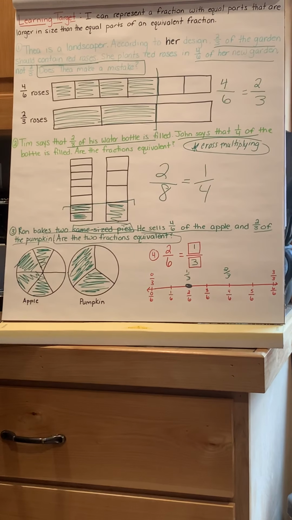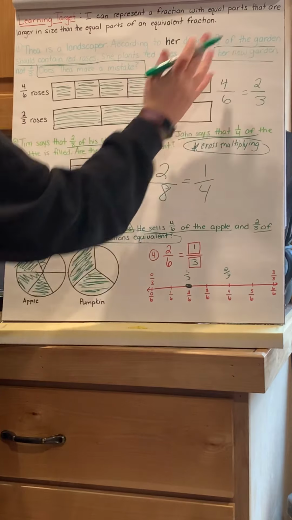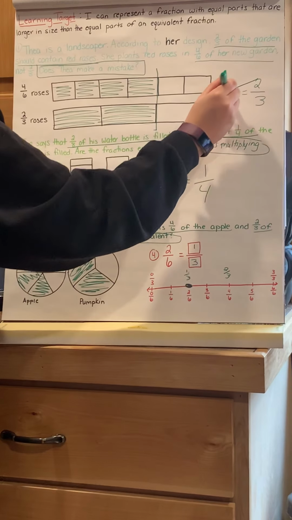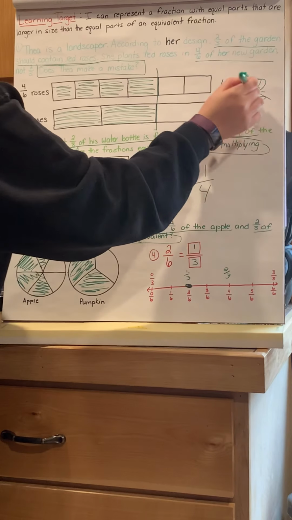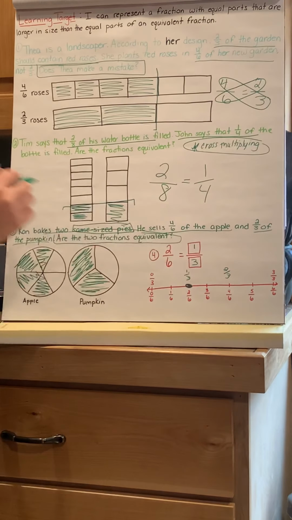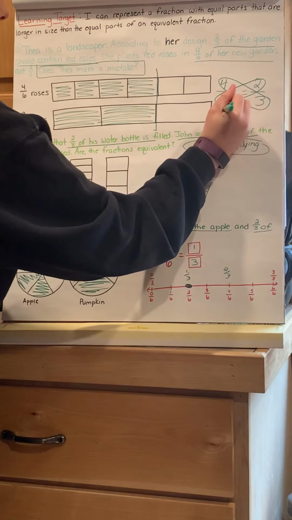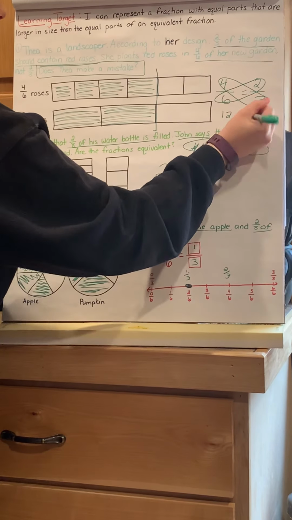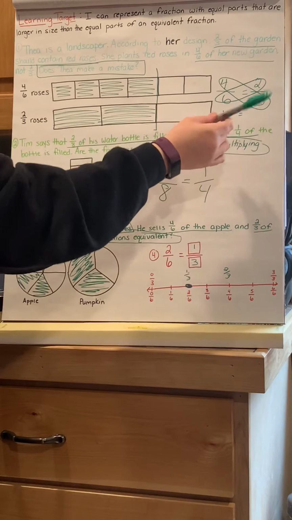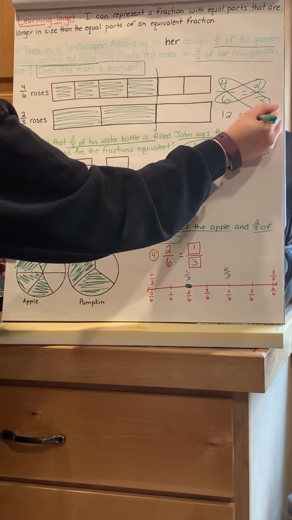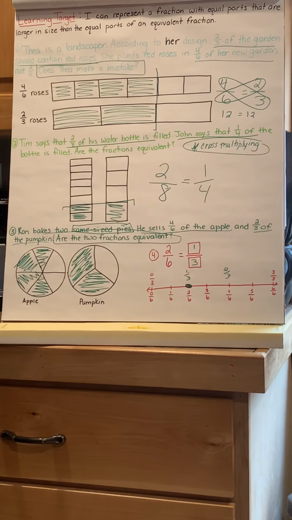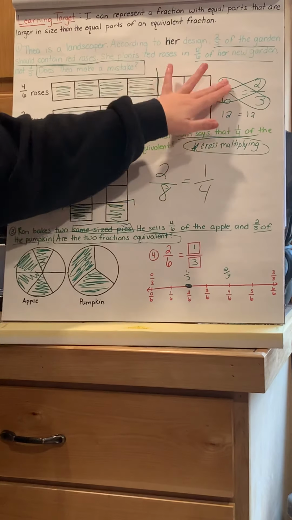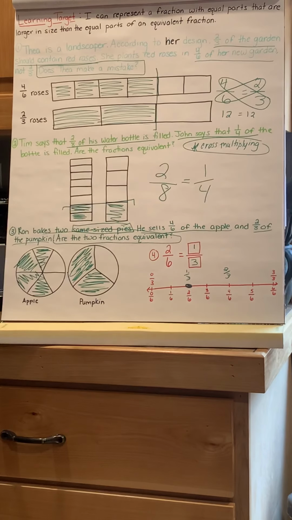Now, they say cross multiplying, which means you're doing some crisscrossing. You're going to make an X. So I'm going to be multiplying 6 times 2 and 4 times 3. 6 times 2 is 12. 4 times 3 is 12. 12 equals 12. Are they the same number? Yes. So 4/6 is equivalent to 2/3.